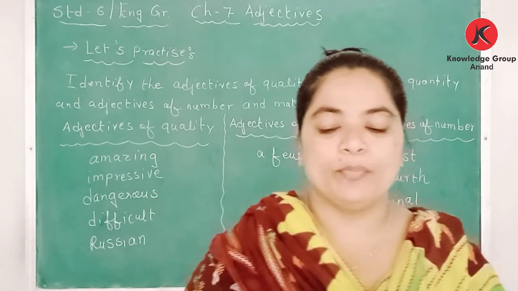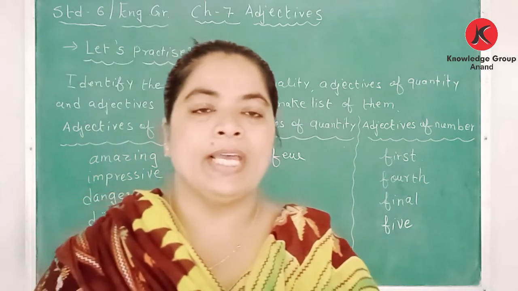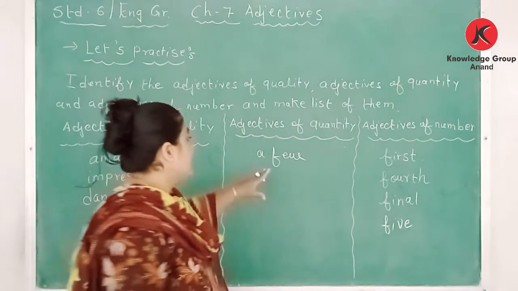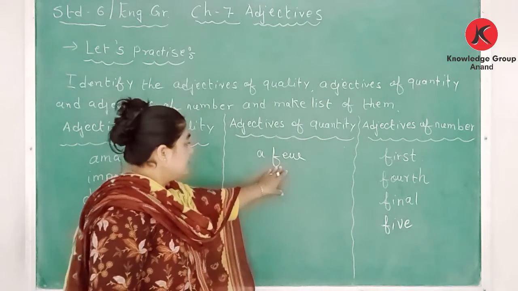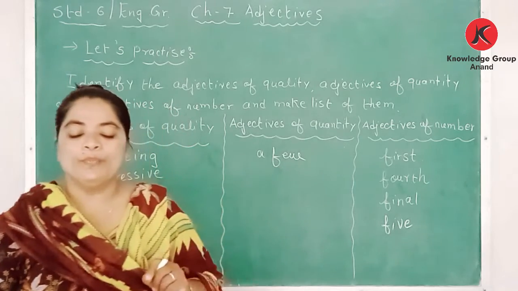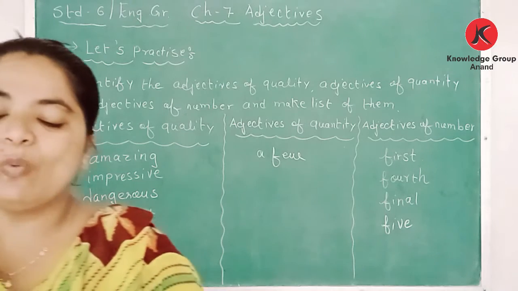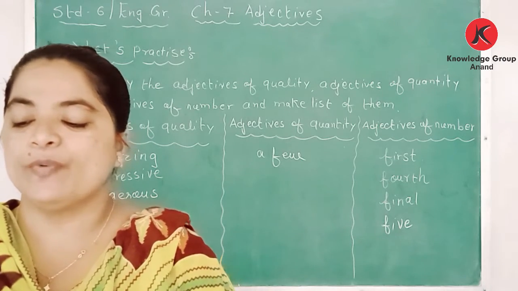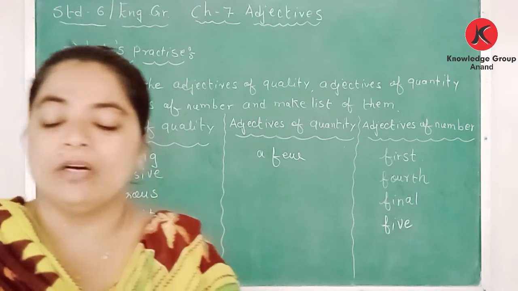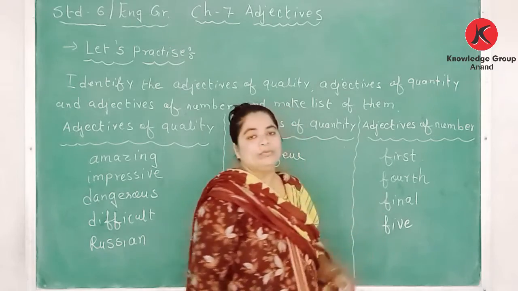"Only a few people can perform this vault." Here a few is an adjective of quantity. "This vault has been done successfully by only 5 people in the world, including Karmakar." Here 5 is again an adjective of number, a countable noun.